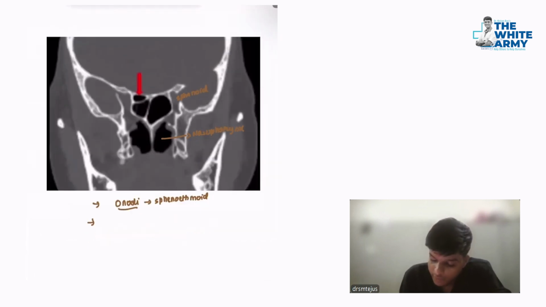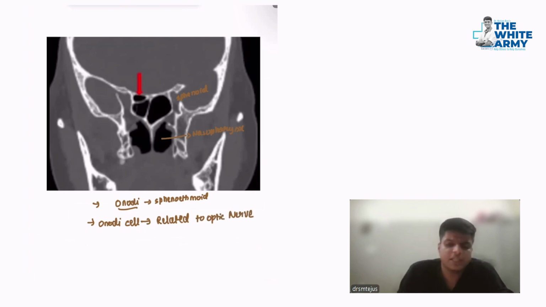One more important thing to remember is that the Onodi cell is related to the optic nerve. This air cell is in close proximity to the optic nerve and vessels.